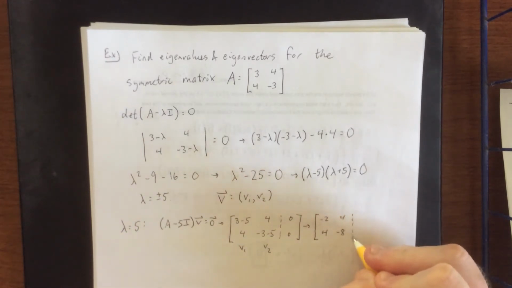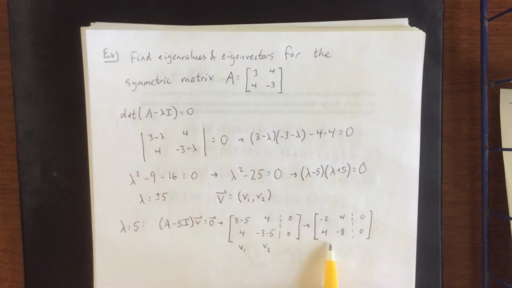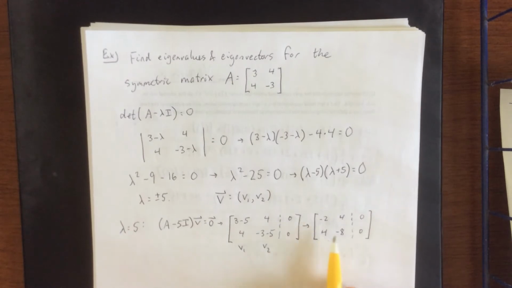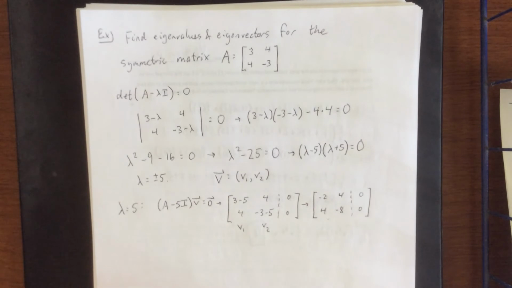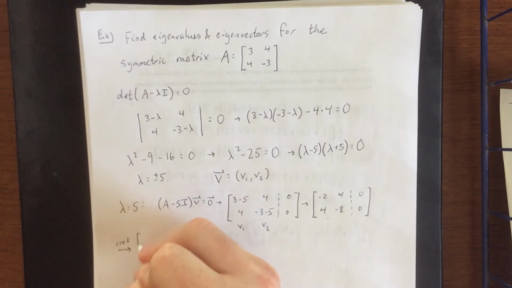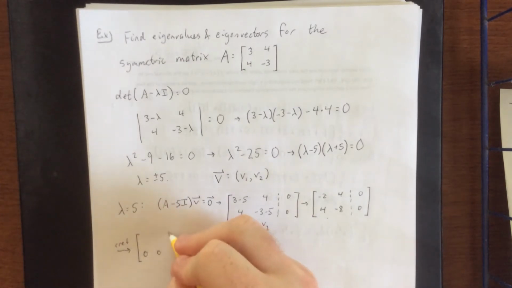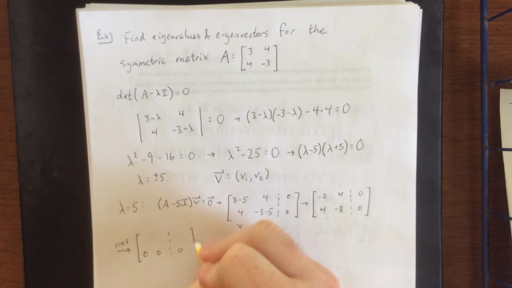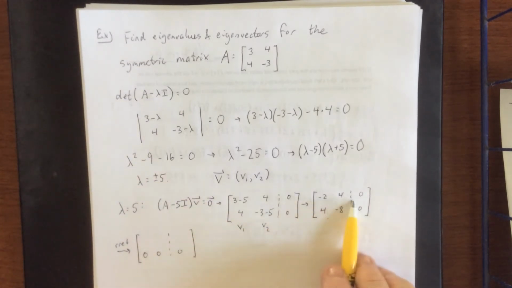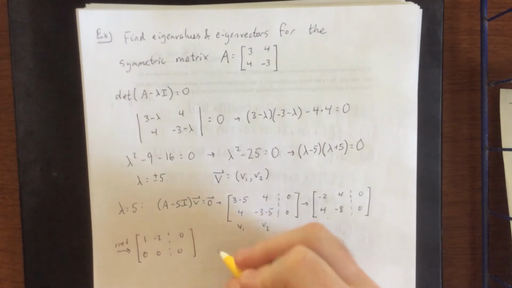The observation that I'm going to make here is that these two rows are now multiples of each other. Because they're multiples of each other, I can use an elementary row operation of 2 times the first row added to the second row, and that'll give us a row of zeros. I am going to shortcut this though and say we'll put this into reduced row echelon form. We'll get that row of zeros in the second row, that's guaranteed. And the way that we can get that leading 1 in the first row is dividing the first row by negative 2. So we'll get 1, negative 2, 0.